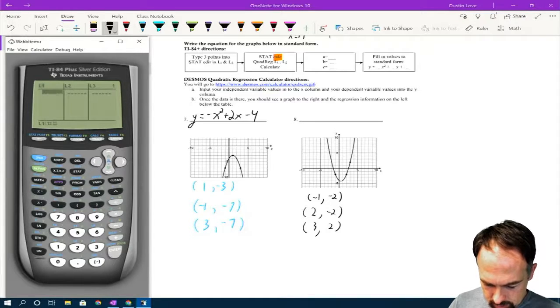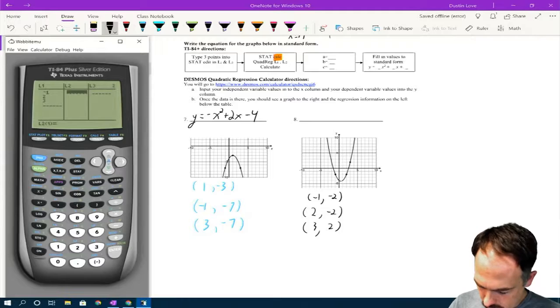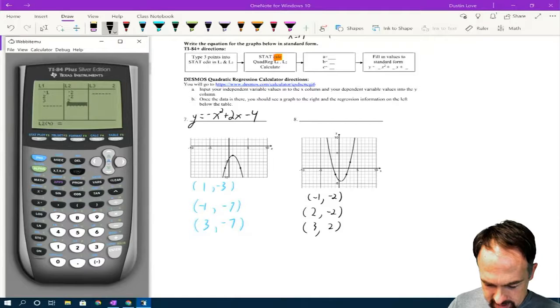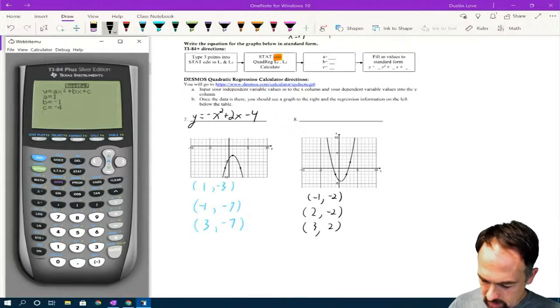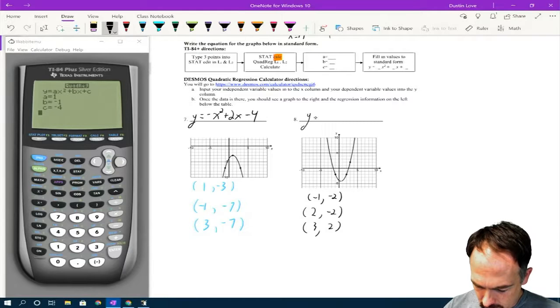Clear your lists. Don't delete your lists. X values go in L1: -1, 2, 3. Y values: -2, -2, 2. Make sure you're pressing Enter after each one of these. Then we go to Stat, over to Calc, down to Quadratics, and then down to Calculate. So my equation is y equals x squared minus x minus 4.